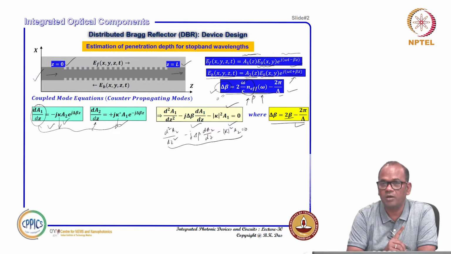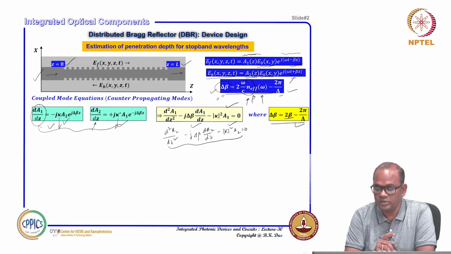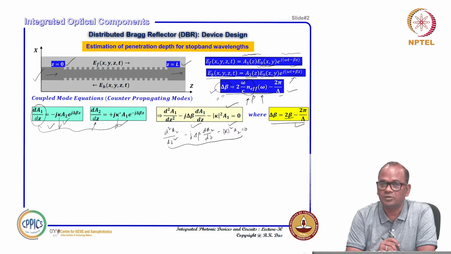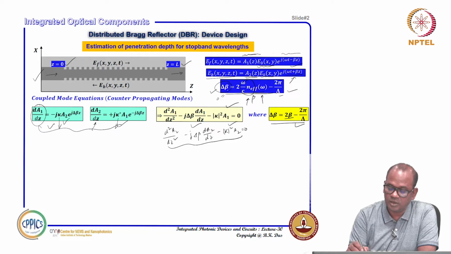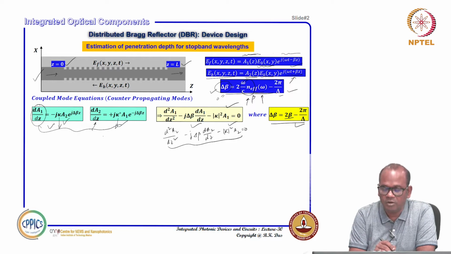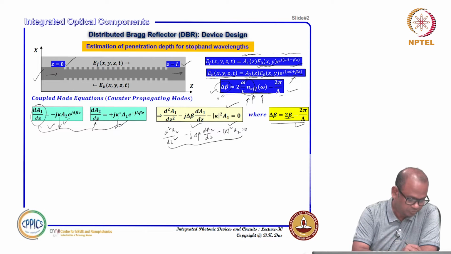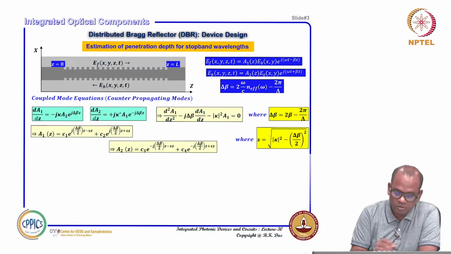By detuning omega from the phase matched frequency, you can get significant variation in delta beta from 0, and if delta beta is very large, then the coupling will not be that significant. Okay.